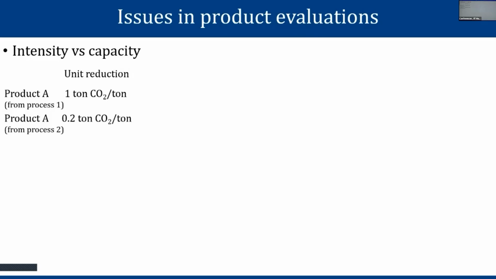For example, if the unit reduction of carbon dioxide is given like this, shown on this slide, for product A produced from process 1 and 2, we can say that process 1 is better than process 2 because we can reduce more CO2 emission by producing product A from process 1.